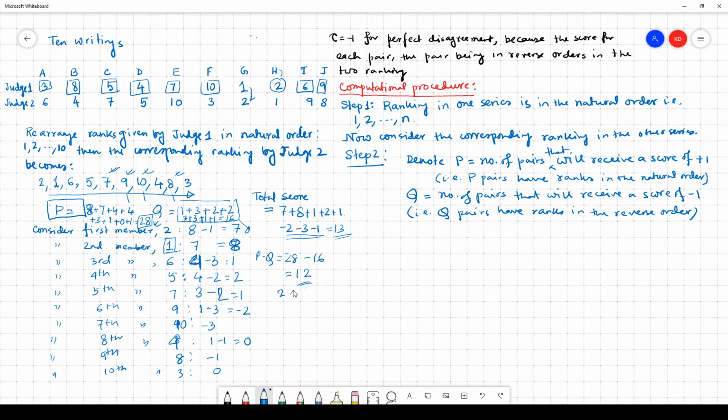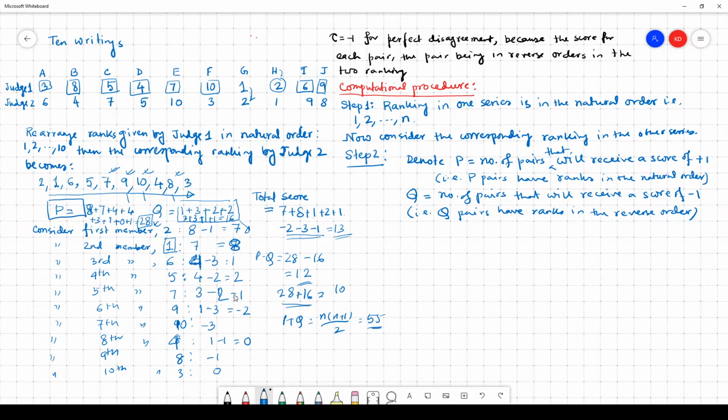What about 28 plus 16? P plus Q should be n into n plus 1 by 2, that is 10 into 11 by 2, which means 55. But here the value does not match with this.